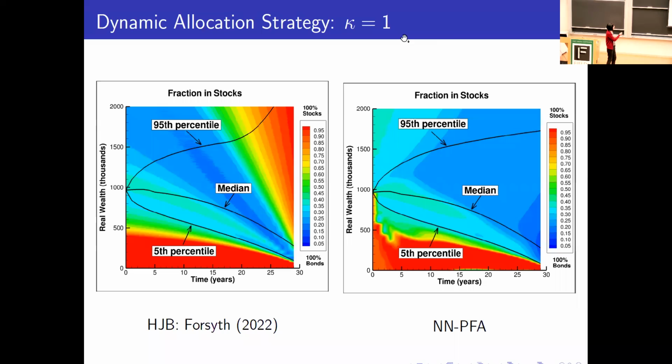The difference comes mostly from up here, the 95 percentile, when you have had enough wealth accumulation. And there, the effect in the top right corner actually comes from the stabilization term, mostly.